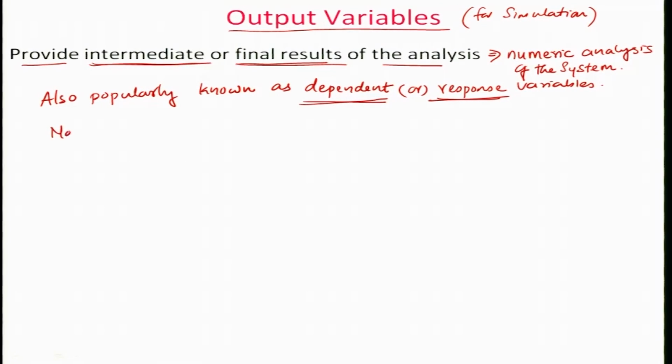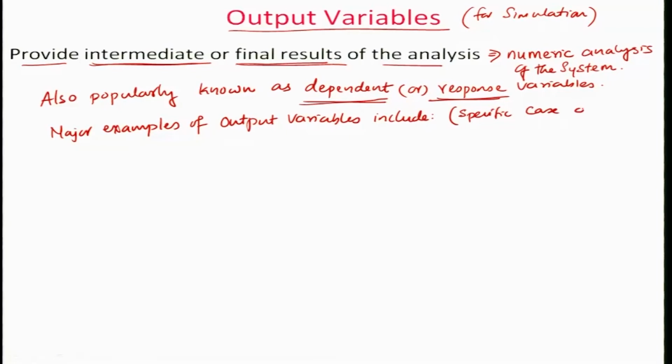So, major examples of output variables include, let us consider a specific case of a manufacturing system. We are talking about a manufacturing system.